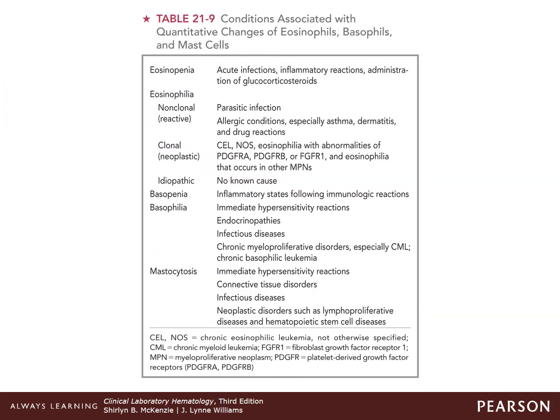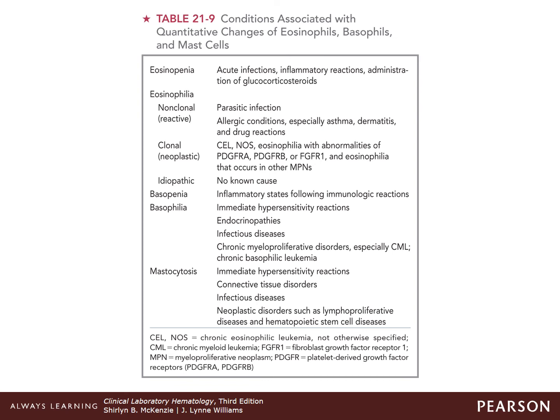When we start talking about the conditions associated with eosinophil or basophil disorders, they're very rare because the lower limit of these reference intervals is very low. So a decrease is really difficult to determine and probably not significant. With eosinopenia, we can see it in acute infections and inflammatory reactions, and with the administration of glucocorticosteroids.